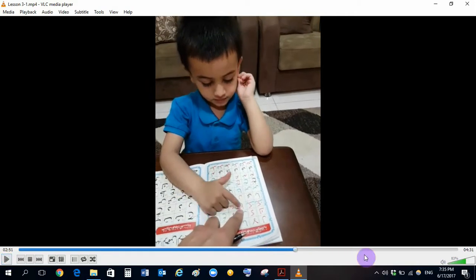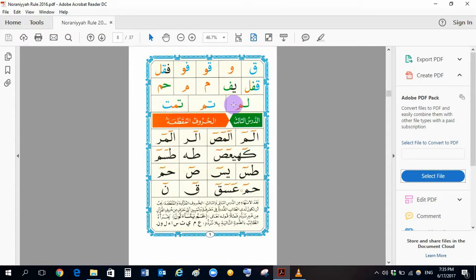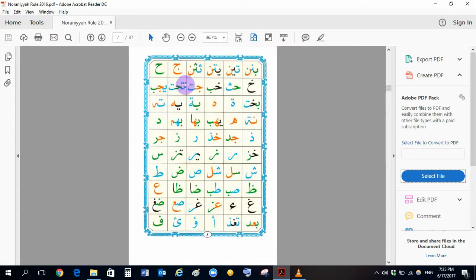So I go on like this until I finish what we have covered in the last lesson, and then we continue the same way, in the same manner, until we finish the whole lesson 2, until we get to the last letters here in this last box, making sure that he recognizes all the letters.